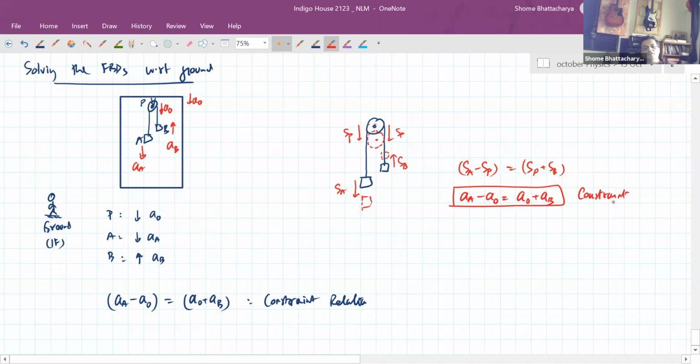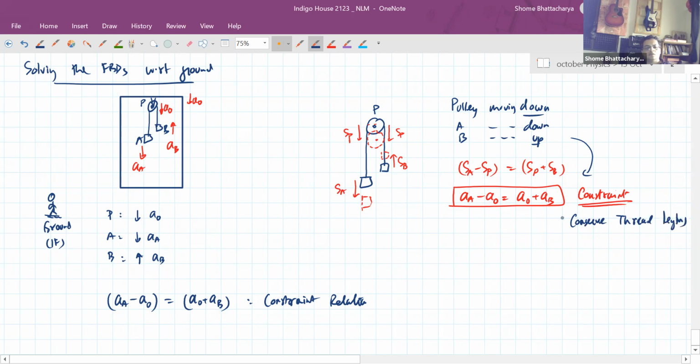So this is what is more complicated in this method. And this can be avoided completely by moving into the frame where the pulley is at rest. So this is the thread length concept. Now in this frame, there's no pseudo force.